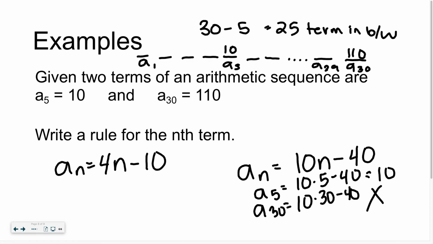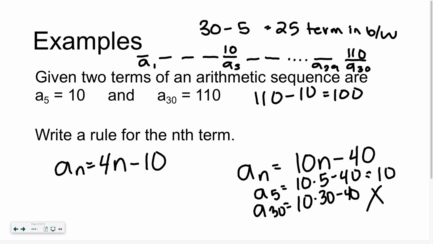I did 110 minus 10, which is 100. Okay, and then 110 minus 10. So stop and think. Did your group ever do 110 minus 10? What are you finding when you do 110 minus 10, other than the number 100? What does that represent? The numbers in between the numbers.